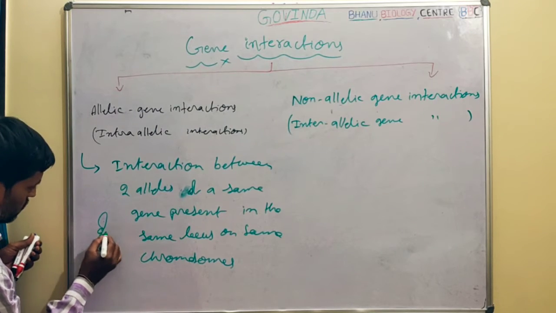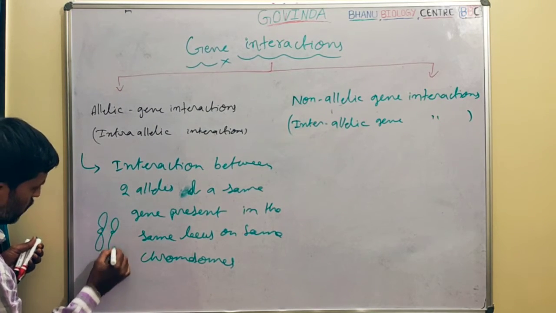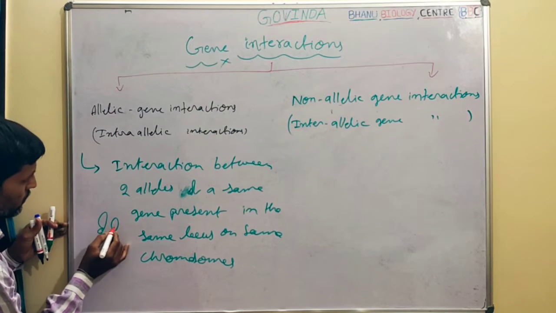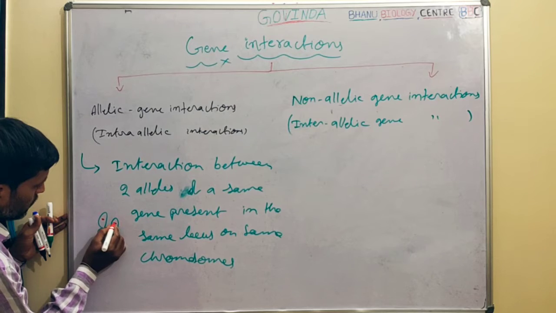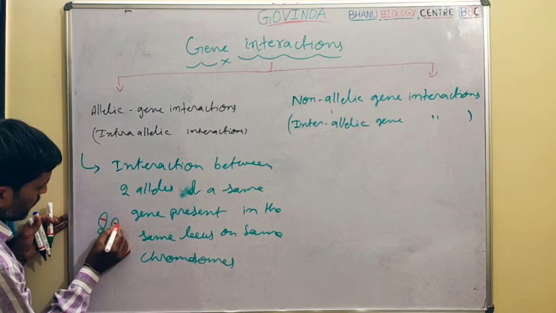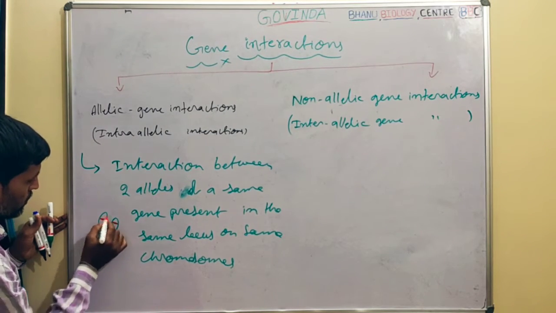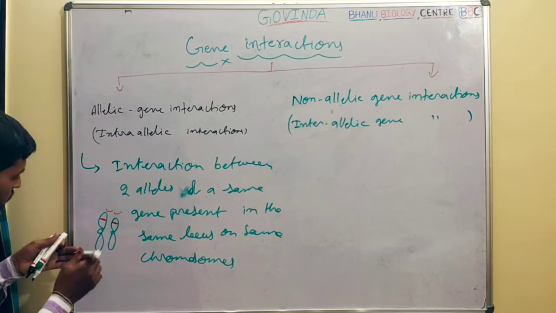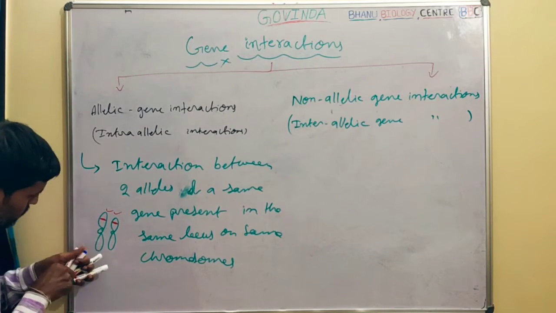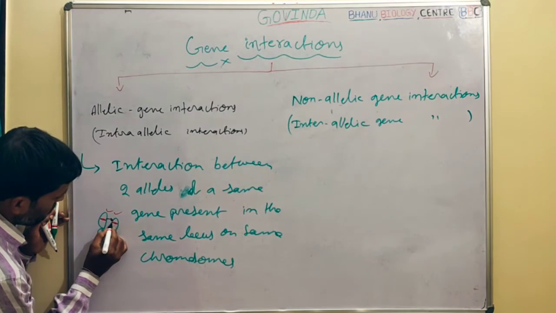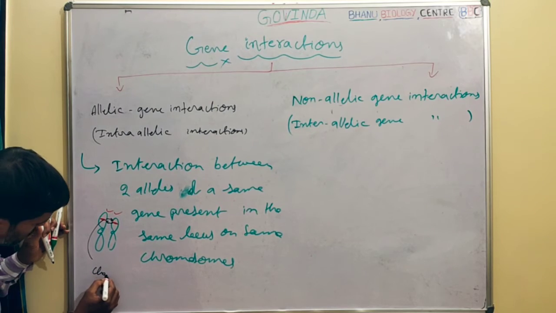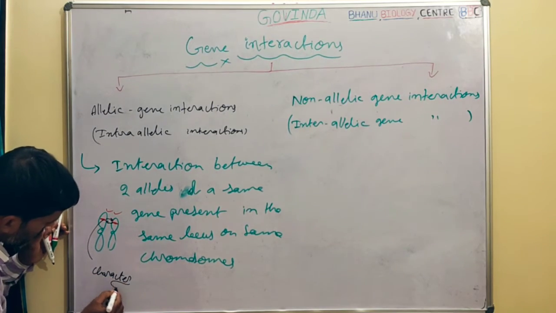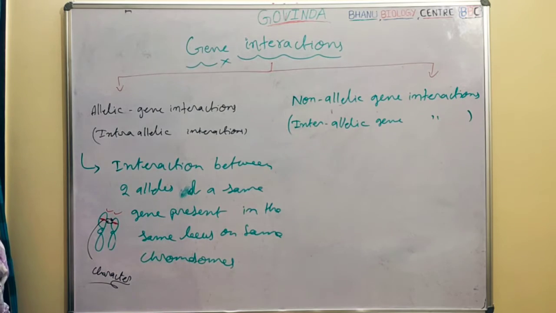We have the homologous pair of chromosomes, and here the allelic interaction takes place. Two genes present in the same locus of homologous chromosomes interact and express a particular character. We saw this in the monohybrid cross of Mendel's experiment.